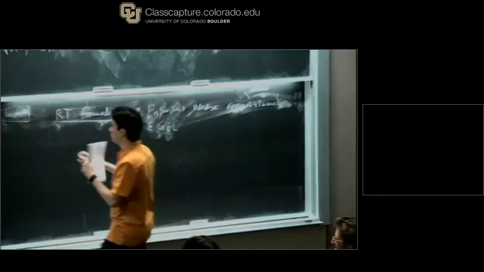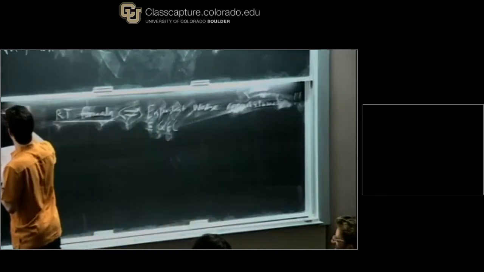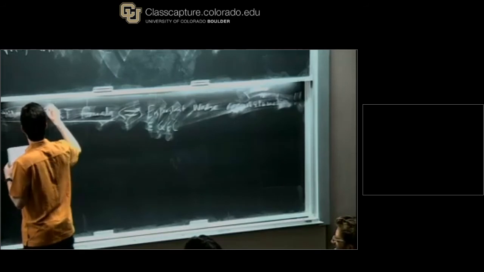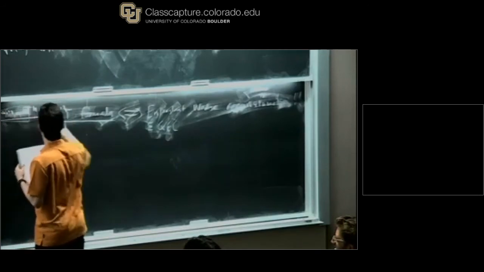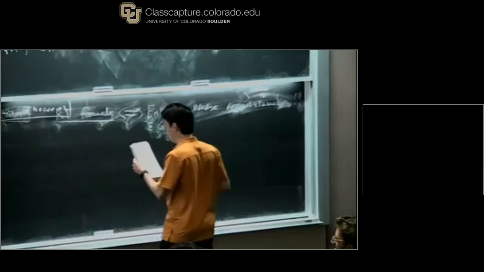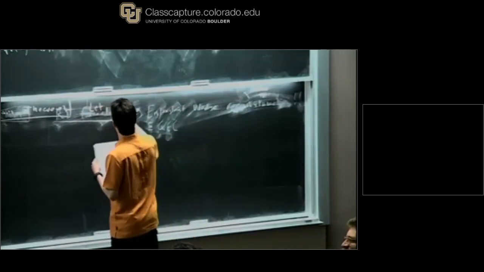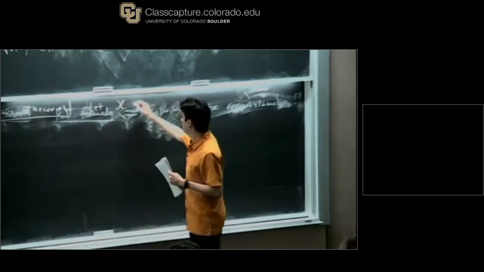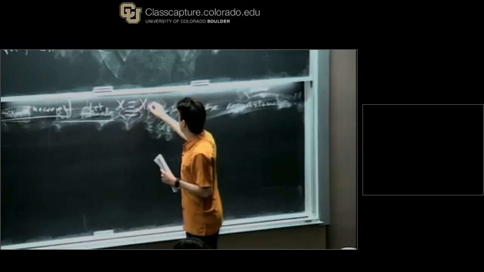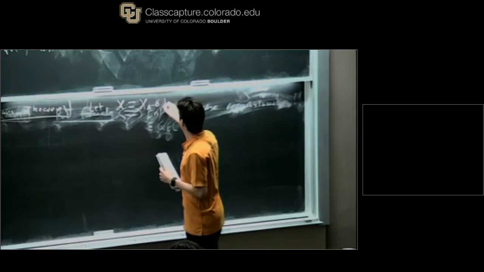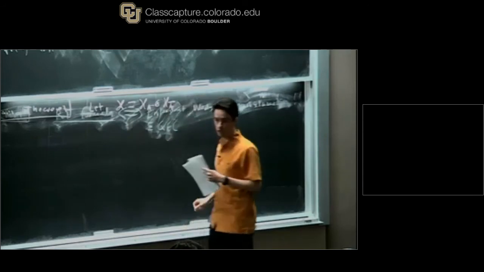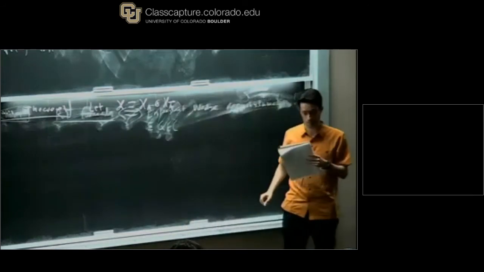So this is going to be, if you like, the main theorem. Okay, so let H, a Hilbert space, be a tensor product of A and A bar. You can think of this as the CFT Hilbert space.